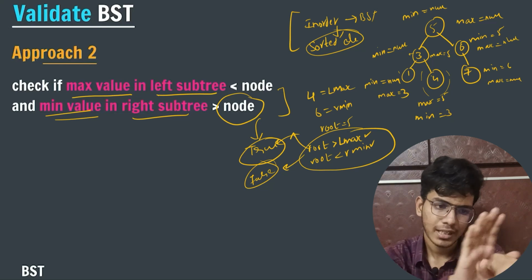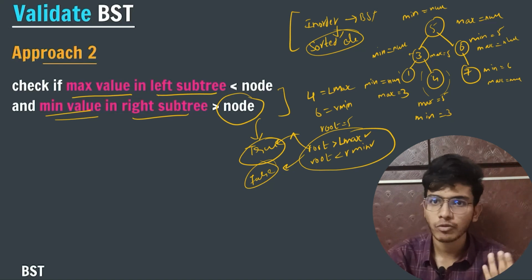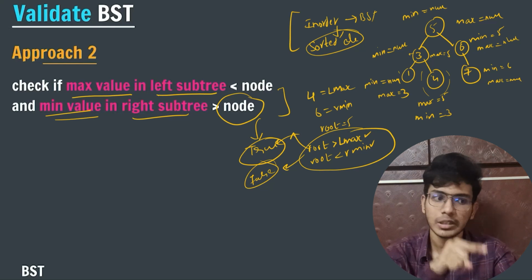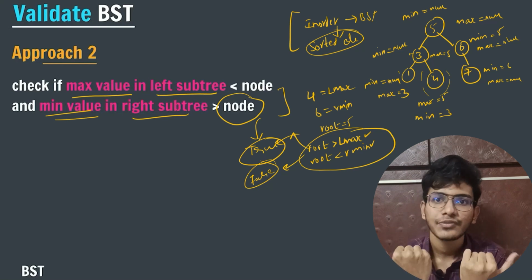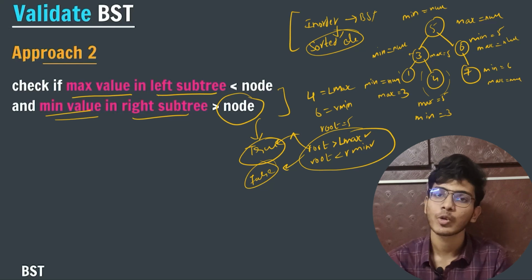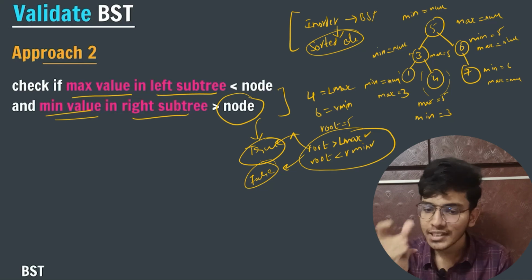I have those conditions. Now I will check its node data, and whether its data is satisfying these minimum and maximum properties. If it is satisfying, then I will return true, else I will return false. Now I hope you got the logic. Now let us code this.